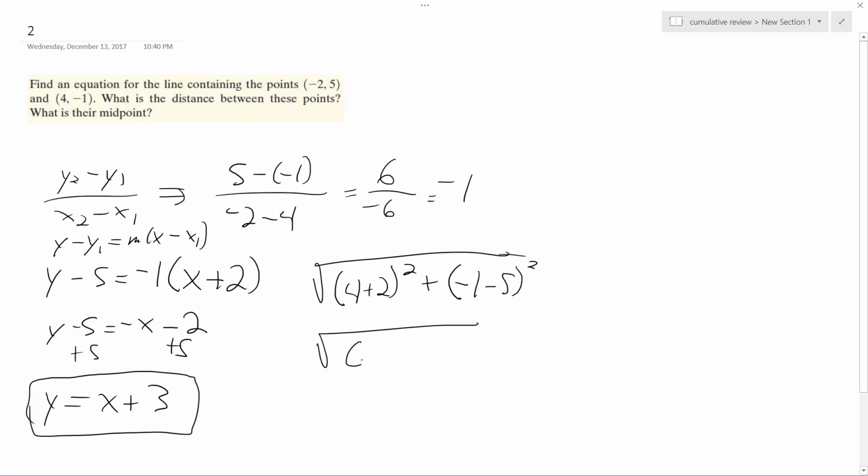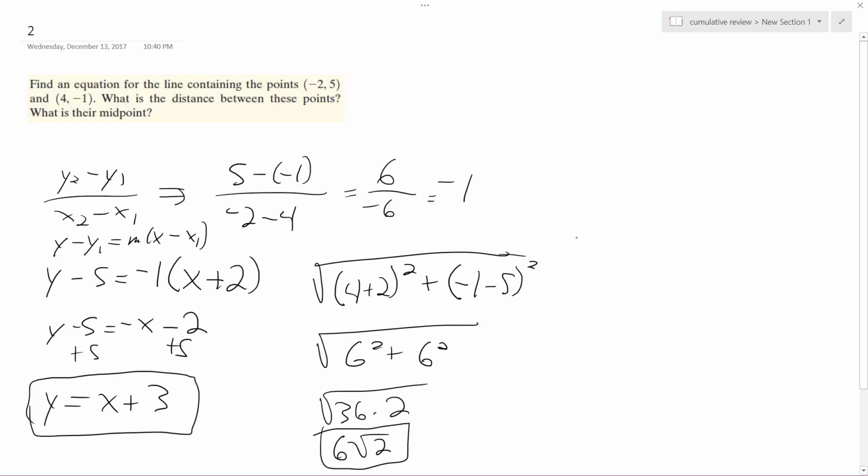So I get the square root of 6 squared plus 6 squared, and this ends up being the square root of 72. The square root of 72 is equal to, well, I can break this down to 36 times 2, and I get 6 root 2. This is the distance between the two.